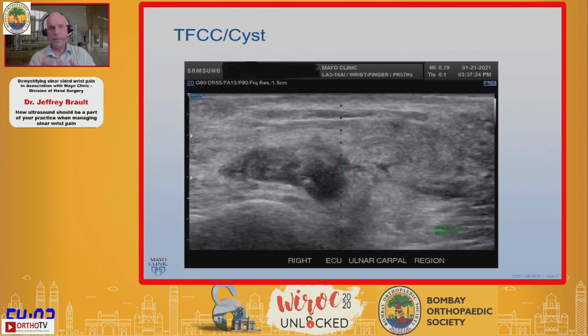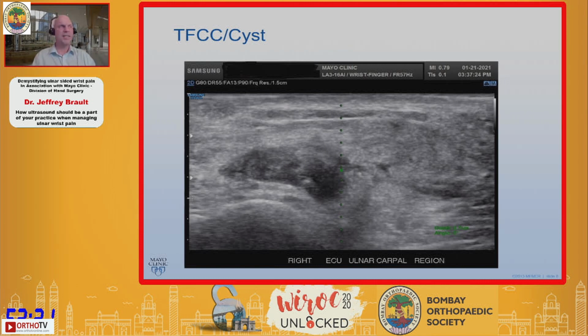As I said, we use the ultrasound to find out if masses are cysts, if they're fluid filled, or if they're solid. This is looking at the ulnar side of the wrist, the ulna and triquetrum, and this is a cyst originating off the ulnar aspect of the wrist through the capsule. There have been multiple studies looking at whether we can see the TFCC via ultrasound.